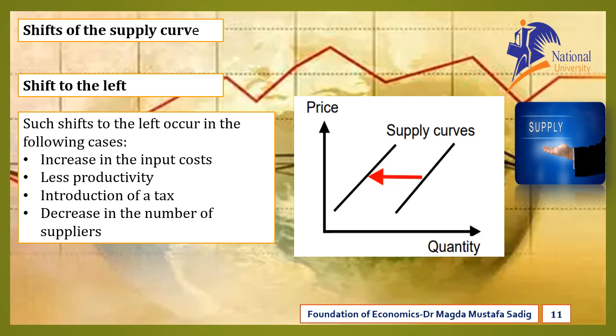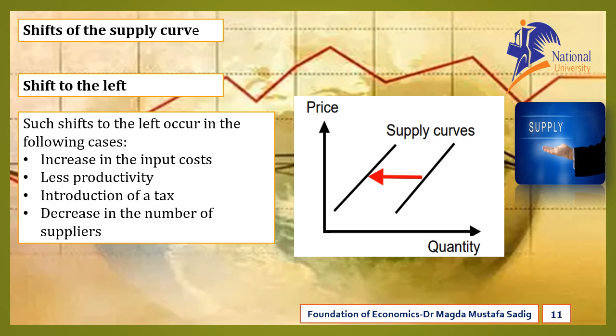So, if a car manufacturing plant experiences machinery breakdown or labor strikes, its ability to produce cars declines, shifting the supply of cars to the left.